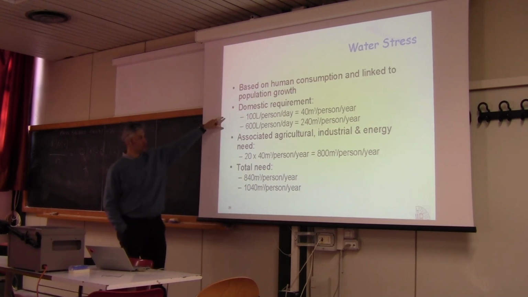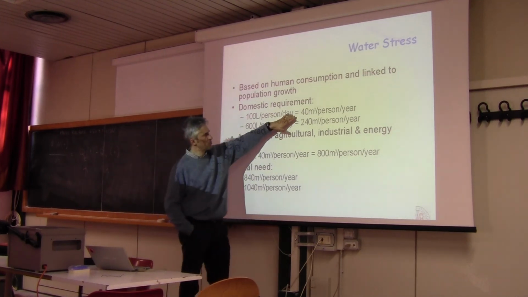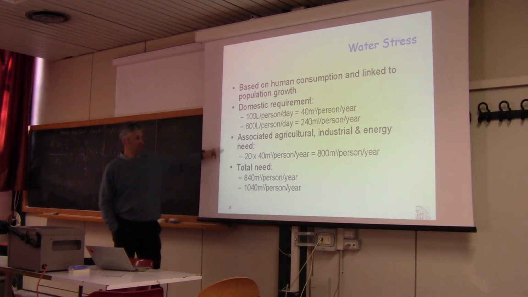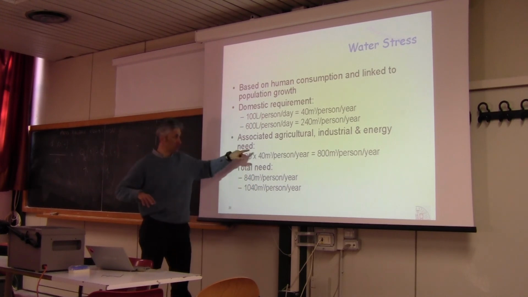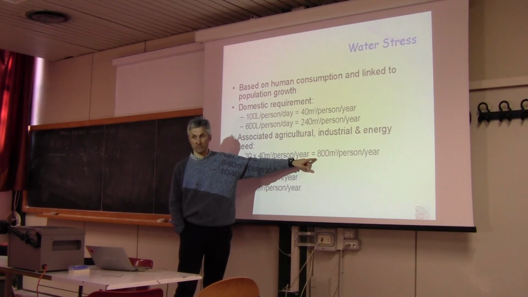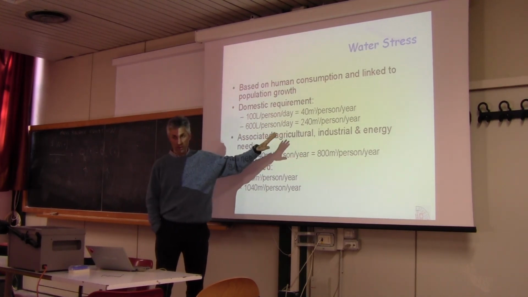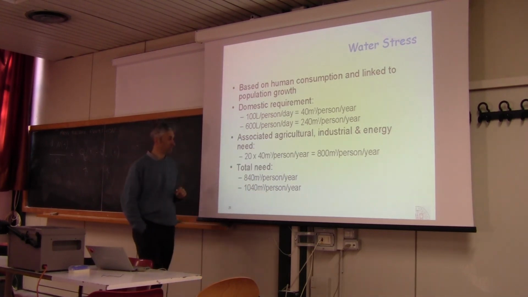Domestic requirement requires from 100, we said, to 600 liters per person per day. So, which means from 40 to 240 cubic meters per person per year. Agricultural, industrial, and energy need, where agriculture is like 90% of this total, requires 800 cubic meters, 4 times. So agriculture is 4 times the civil use.